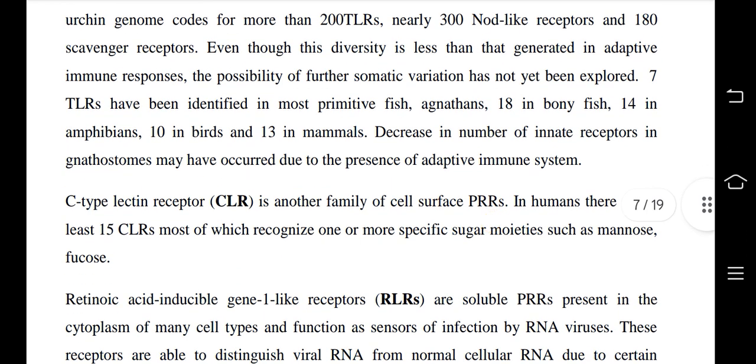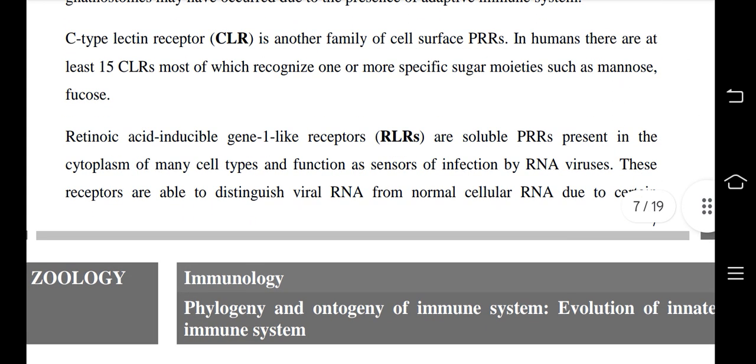C-type lectin receptor, CLR, is another family of cell surface PRRs. In humans, there are at least 15 CLRs, most of which recognize one or more specific sugar moieties such as mannose and fucose. Retinoic acid inducible gene 1-like receptors, RLRs, are soluble PRRs present in the cytoplasm of many cell types and function as sensors of infection by RNA viruses.